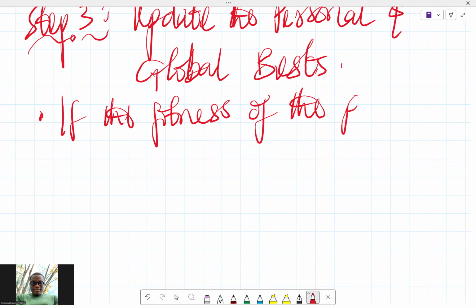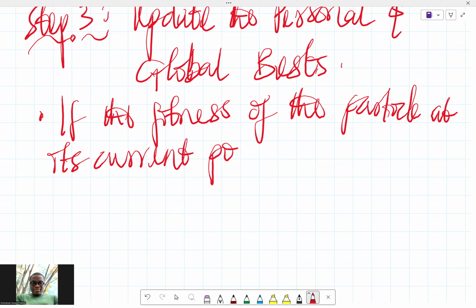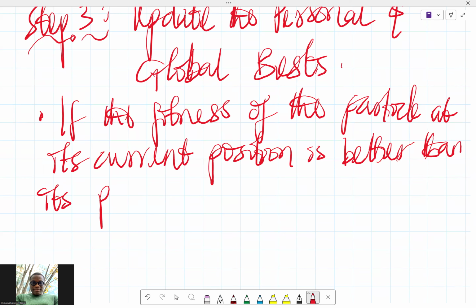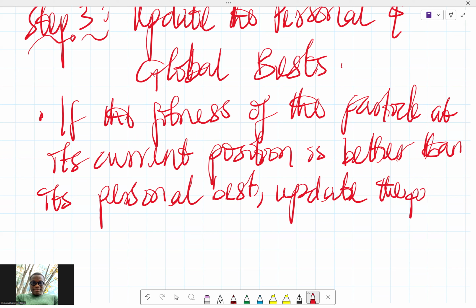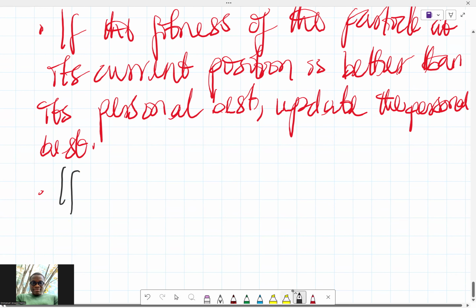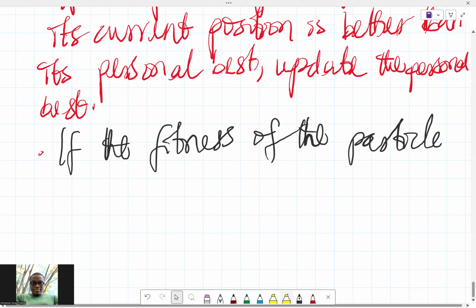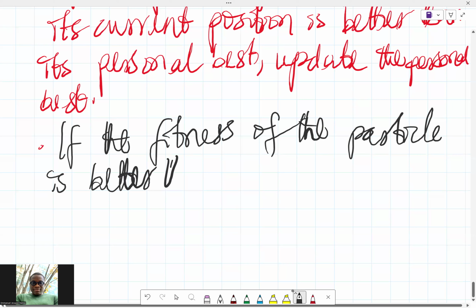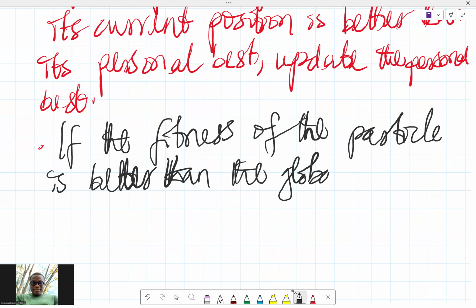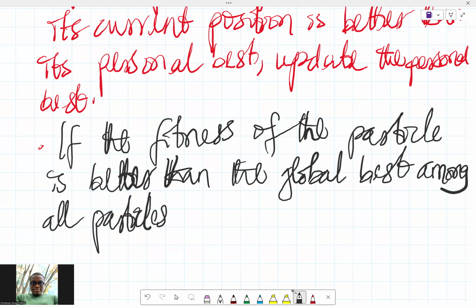So if the fitness of the particle at its current position is better than its personal best, update the personal best for that particular particle. Then if the fitness of the particle is better than the global best among all particles, update the global best.